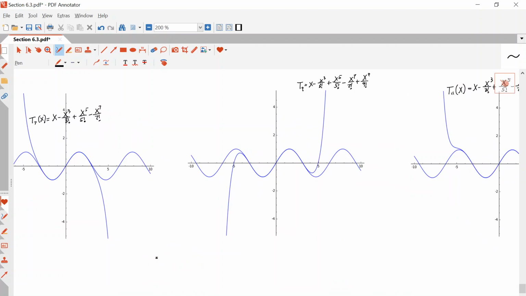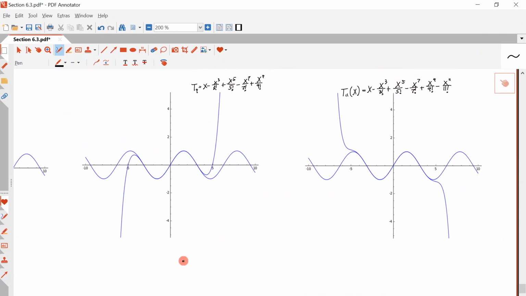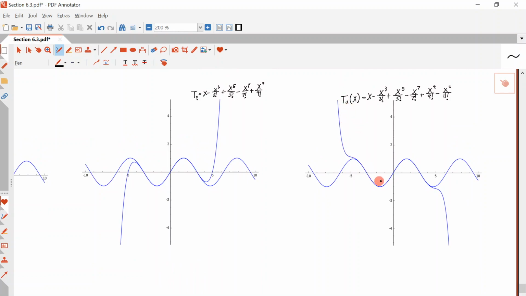See that? 11th degree Taylor polynomial. All right, the 11th degree Taylor polynomial is pretty accurate for a whole oscillation of that sine function. So we have to go all the way out to degree 11 to get that, right?